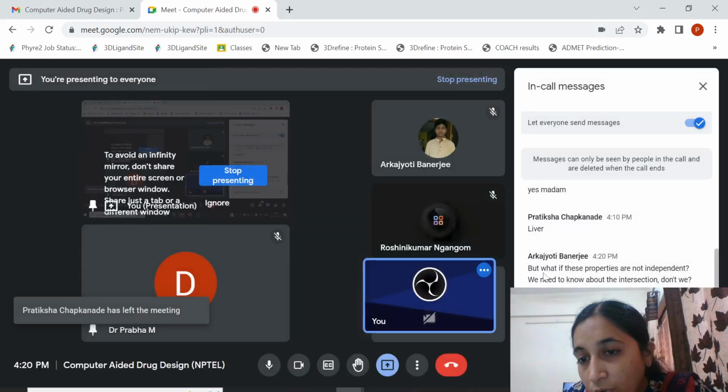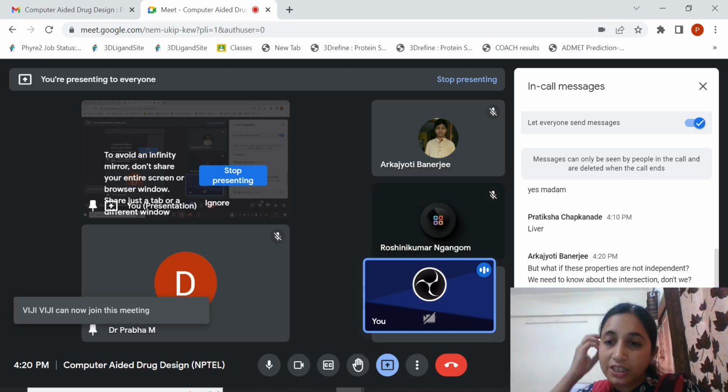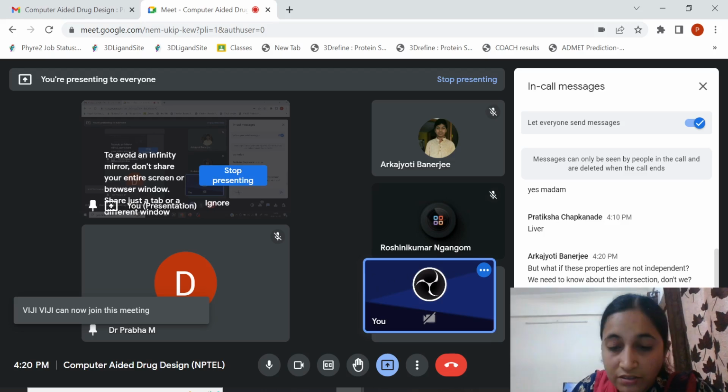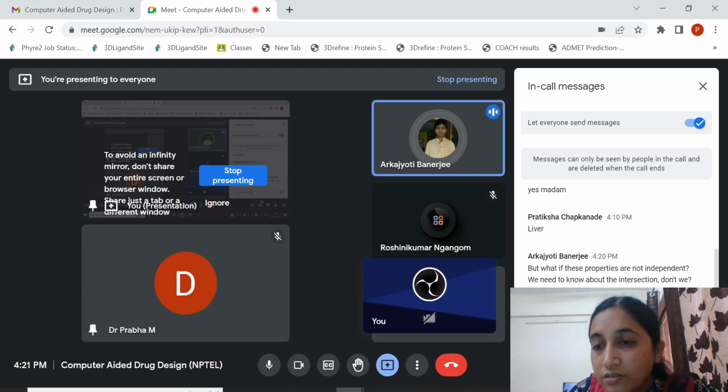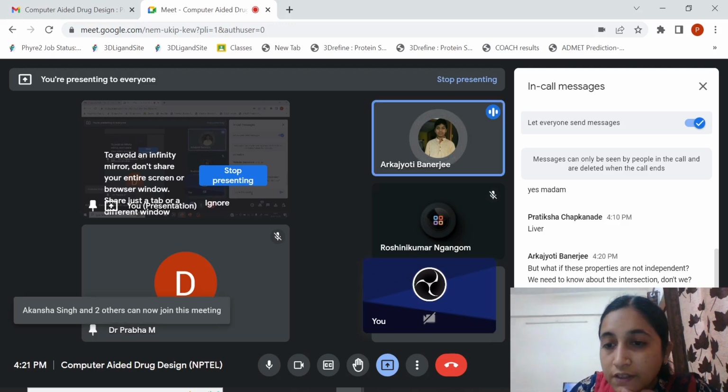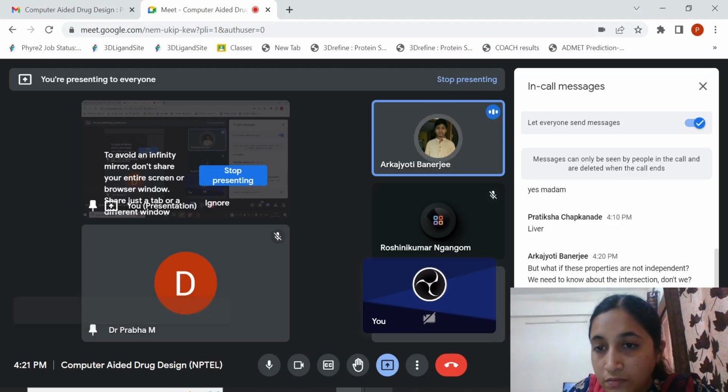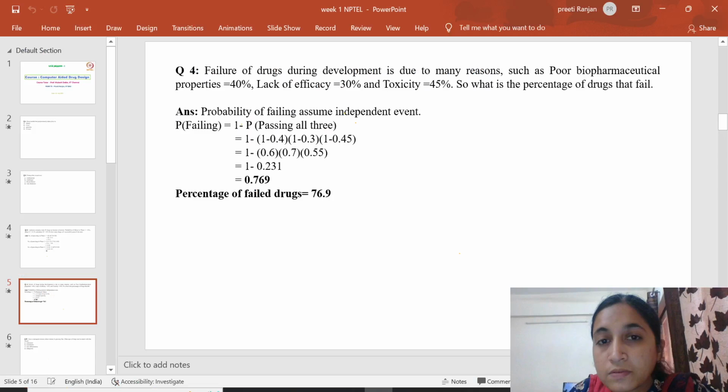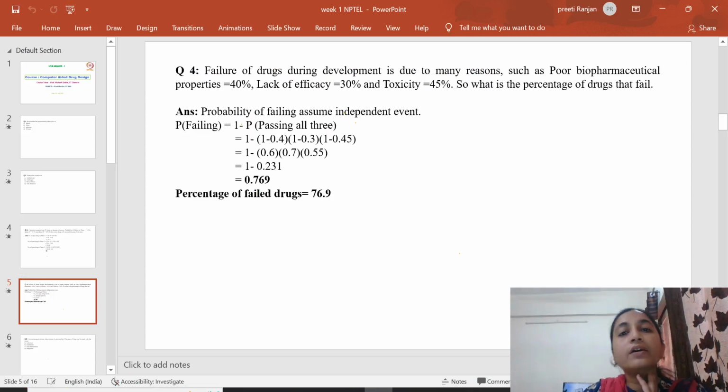But if these properties are not independent, we need to know about the intersection, don't we? But here in this question they are not asking about intersection. Here I have written already that they are all independent events.